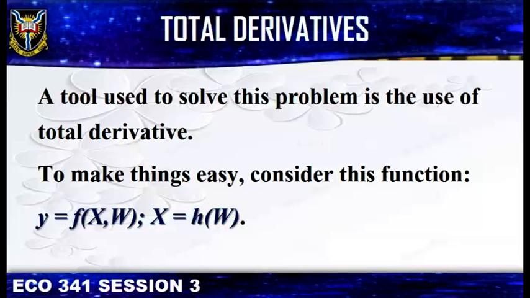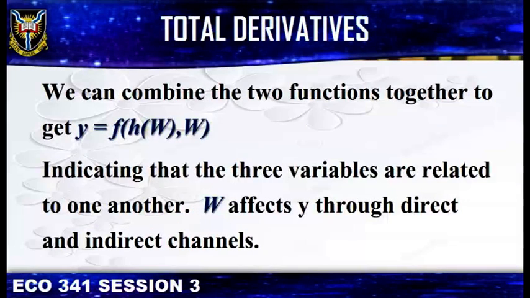To make things easy, consider this function y equal to f of (x, w), where x is equal to h of w. We can combine the two functions together to get y equal to f of (h(w), w), indicating that the three variables are related to one another. w affects y through direct and indirect channels.